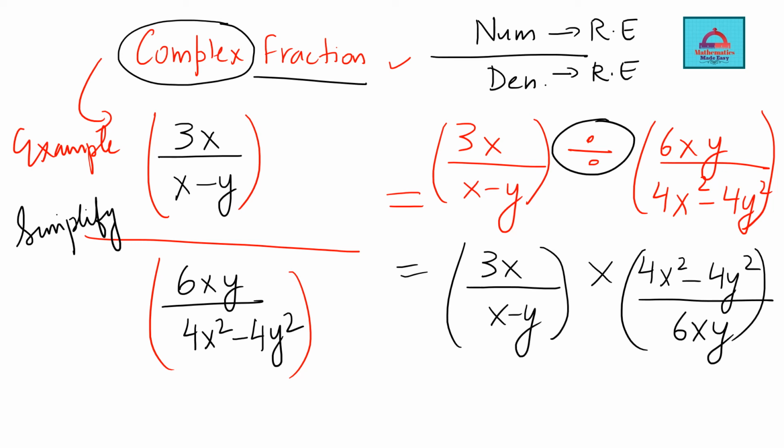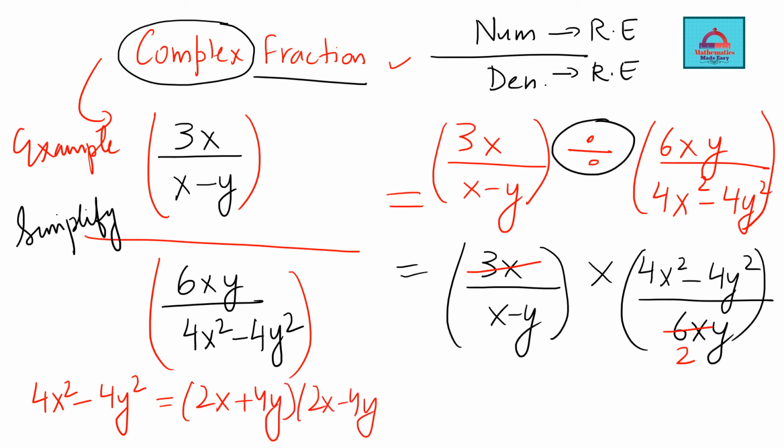So if you see, 3x will cancel with 6x, it will come 2, and this term 4x square minus 4y square, I hope you can recall the difference of squares identity. These are perfect squares which are getting subtracted, so I can write them as 2x plus 4y, 2x minus 4y.